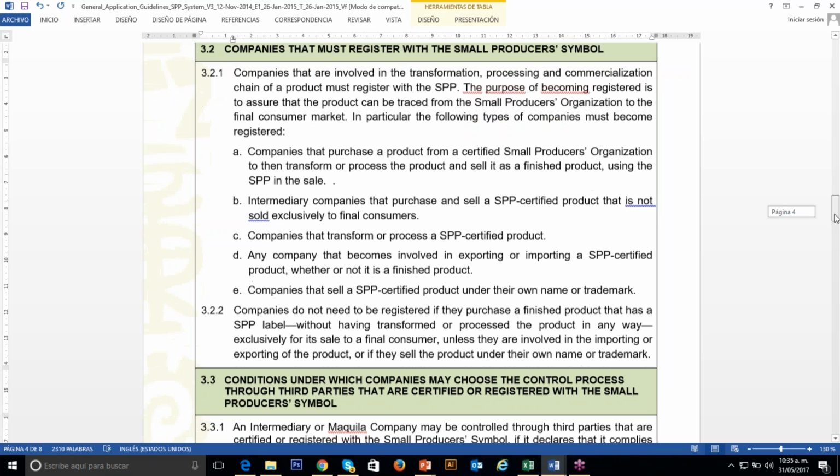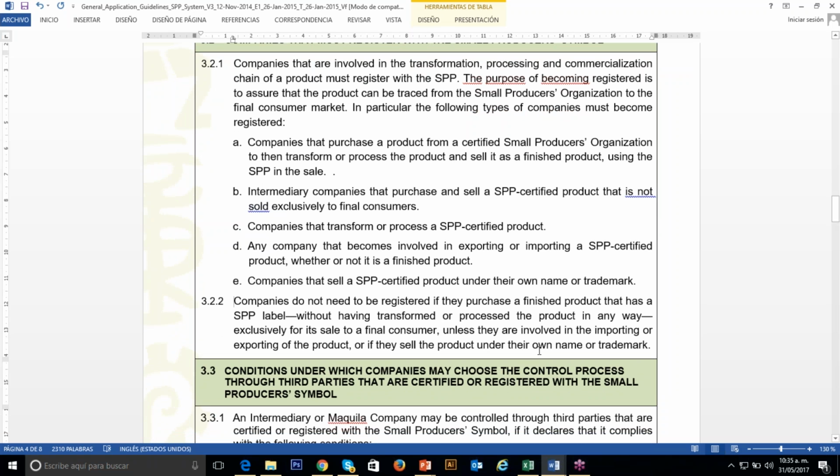But it's different if the product comes from an organization with the brand of the organization, but it's trading in the national market, is not involved in importing or exporting. This company must not be registered, only for the national market.